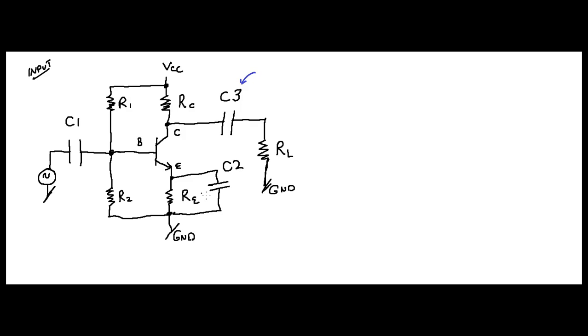And this is known as your bypass capacitor. Bypass capacitor. Now, listen very carefully. This is the common emitter amplifier.